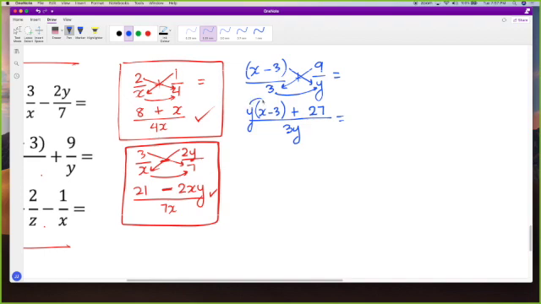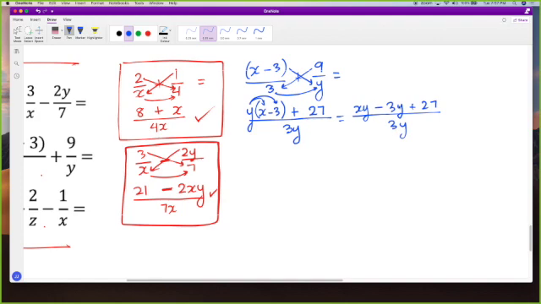So x times y is xy. Right? I have the minus sign there, and I have y times 3 is 3y. And I have plus 27. All of this is over 3y.